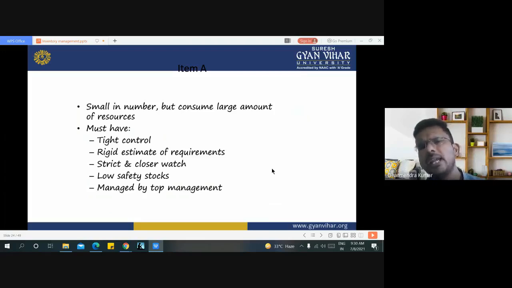In this A category, we know that it has more inventory cost and is directly managed by top management. Generally, in item A, we keep some heavy machinery. It consumes approximately 60 to 70% of the overall value of inventory cost.